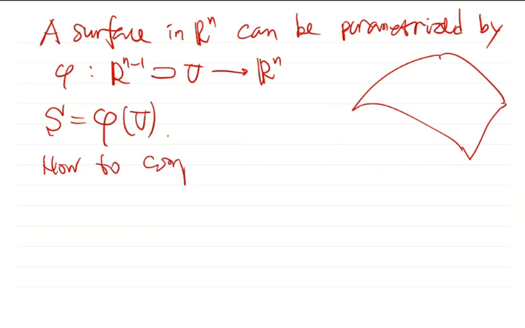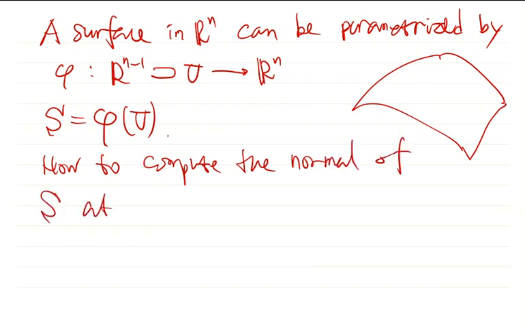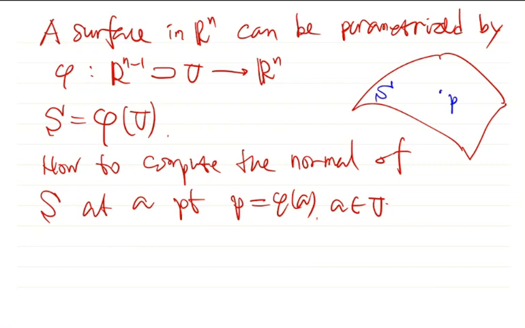Okay, so how to compute the normal of S at a point P, which is φ(A) for A in U. So this is our point P, and this is our S, and our S is the image of φ. φ is defined on an (n-1)-dimensional domain, with coordinates u1 through u(n-1).